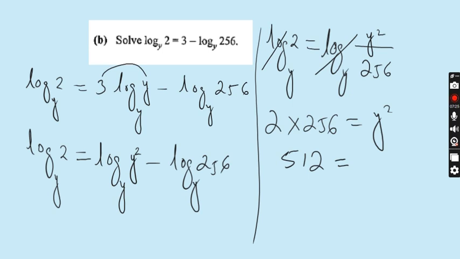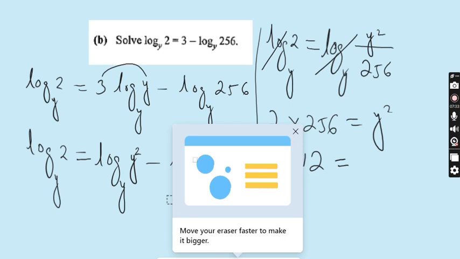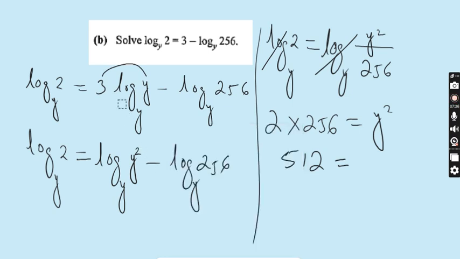Kindly wait, I am checking. Oh, there is a mistake which I did, a silly mistake, but a mistake is always a mistake. This 3 becomes the power of y, so it is y cube, not y square.